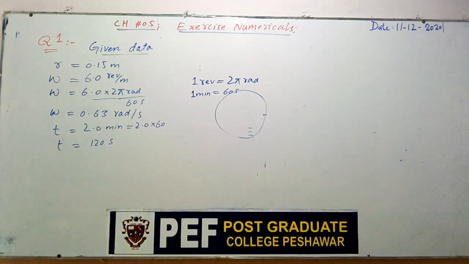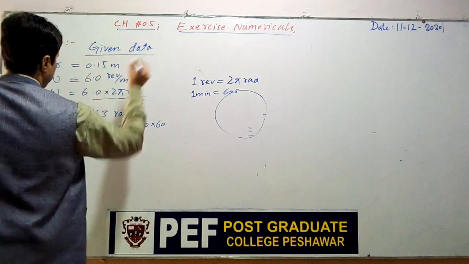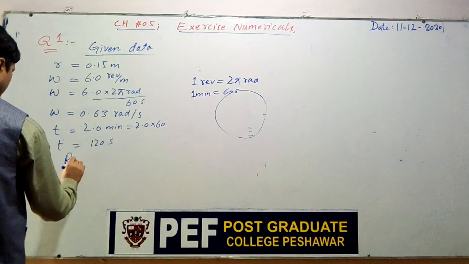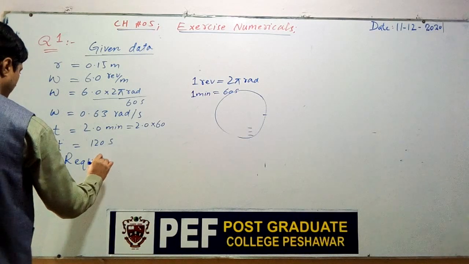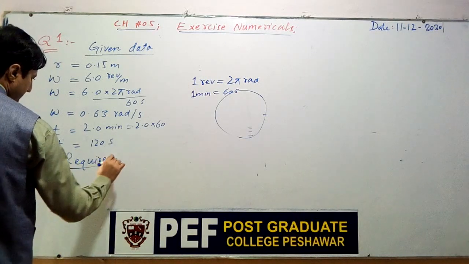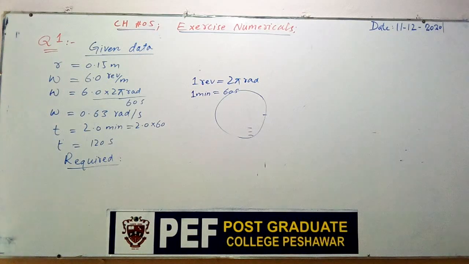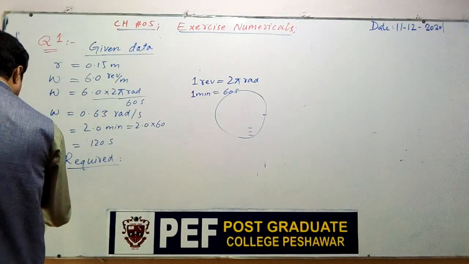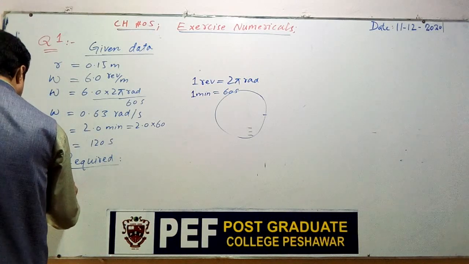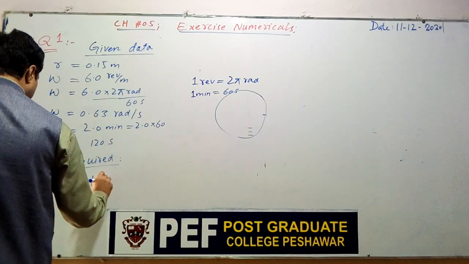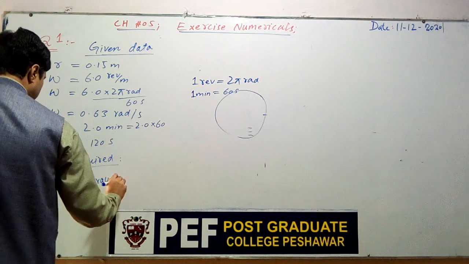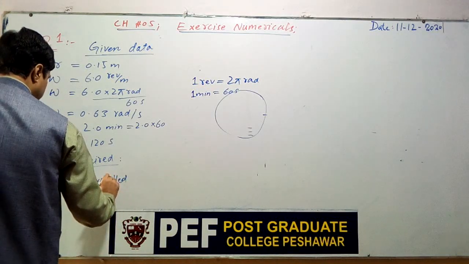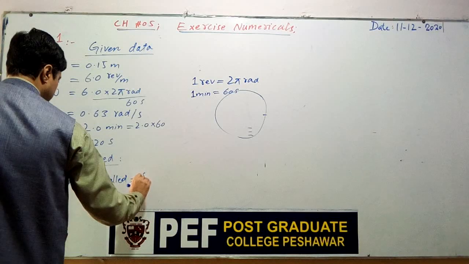Now this is given data. What is required? We have to calculate the distance traveled in these 2 minutes, so the distance traveled by the flight.